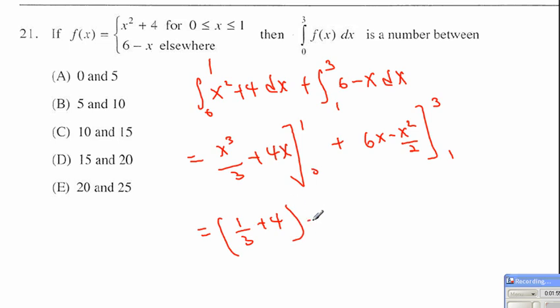And in this case, when you plug in 0 for both of them, it will be equal to 0. Now, plus if you plug in 3 here, we end up getting 18. And then here, minus 9 over 2. When you plug in 1 inside, we end up getting 6, and then minus 1/2.